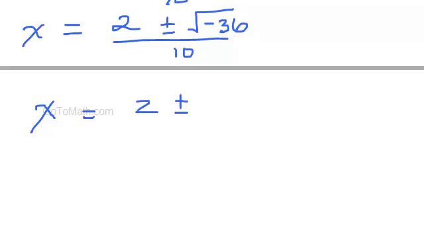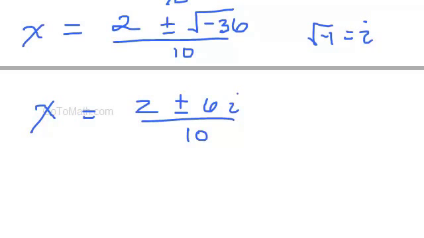Now, we have this negative here, so we take the square root of negative 1, we get i, but the square root of 36 is a nice number. So remember, this is equal to i, and we can break that up as negative 1 times 6. Okay. And of course, this is all over 10.